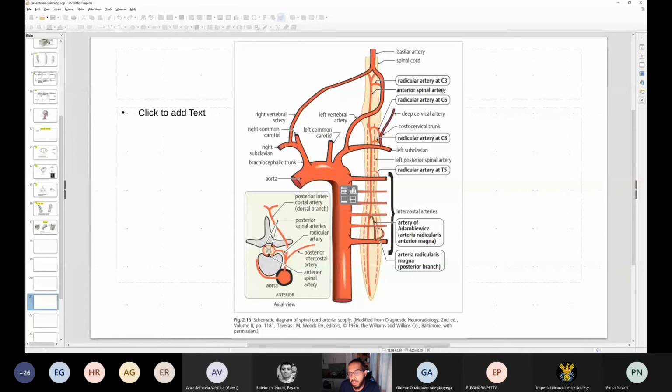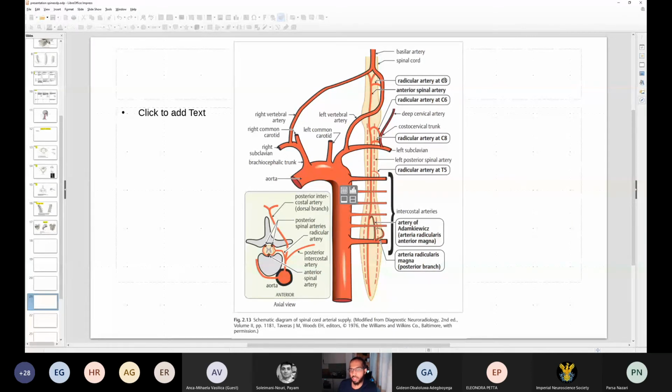These are called radicular arteries. The radicular arteries are basically branches that come off different vessels throughout the course of the anterior spinal artery, and they join the anterior artery and contribute to the blood supply here. So you have two at this level, a radicular artery at C3 on each side.